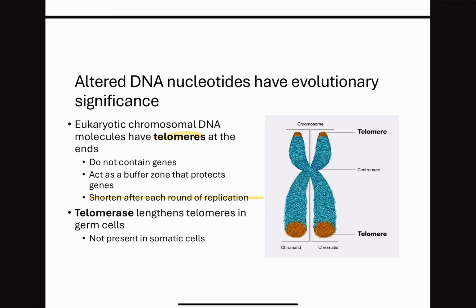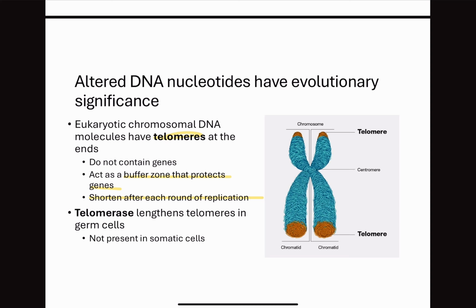Telomeric DNA acts as a kind of buffer zone that prevents the organism's genes from getting harmed. Telomeric DNA and specific proteins associated with it prevent the staggered ends of the daughter molecule from activating the cell system for monitoring DNA damage.